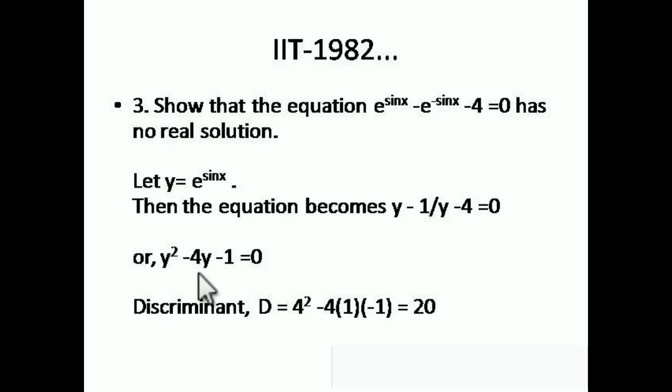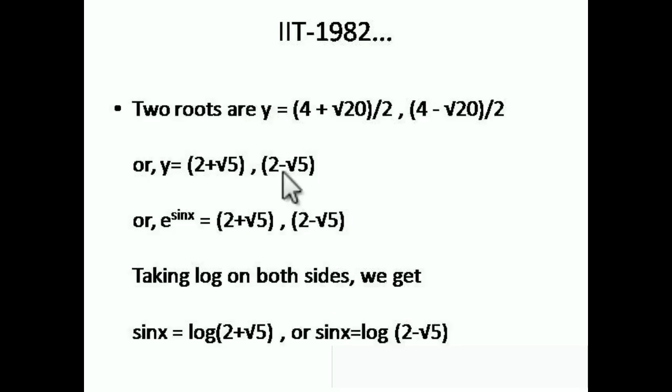So we have this equation and we have to solve it. We have the discriminant D is equal to b square minus 4ac, where b is minus 4, so minus 4 square, and 4 times a is 1, c is minus 1, so it's 20. Now the roots are minus b plus or minus root D upon 2a.